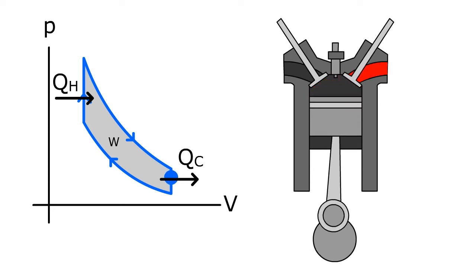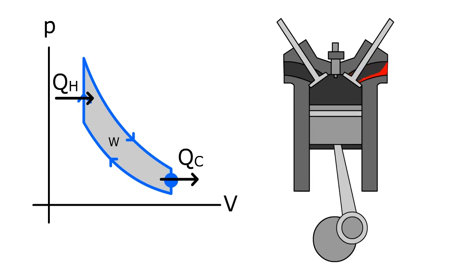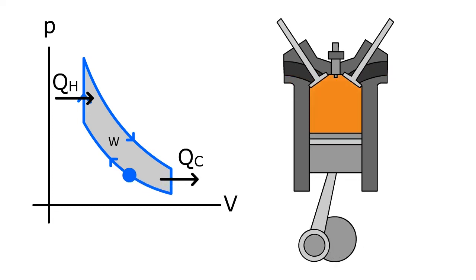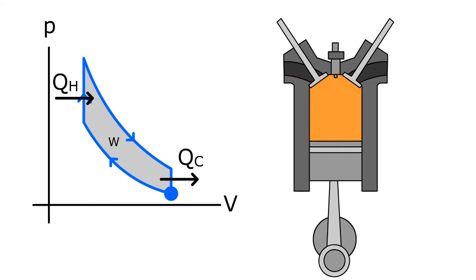So in that process, through the expel of this exhaust gas, yung na-burn na fuel, lalabas din yung heat, QC. So ito yung heat na lalabas. Tapos, this repeats yung process. Mag-open ulit yung valve and babalik tayo sa starting point natin.